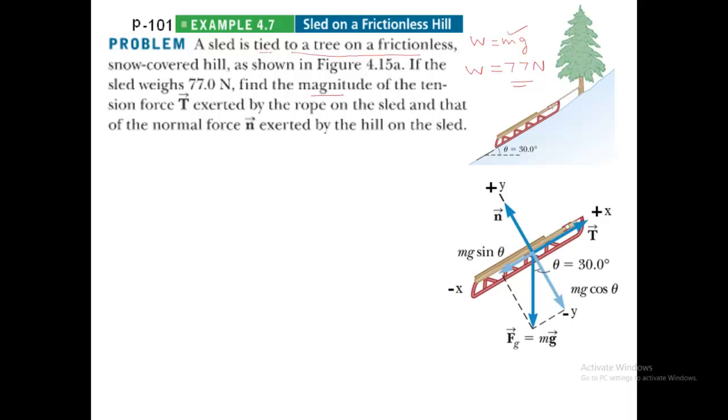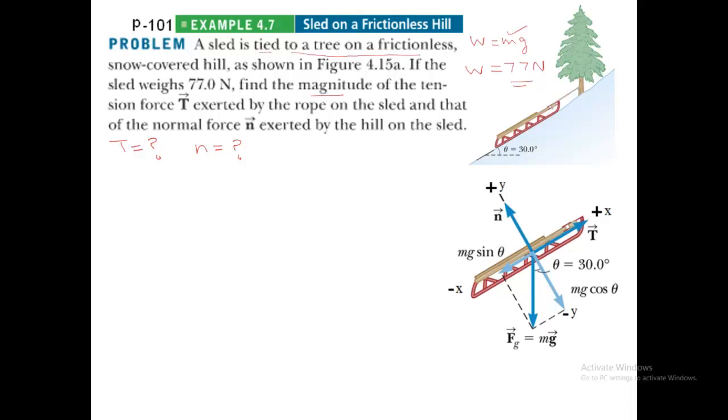So you have to find the tension in the string or the rope and the normal force. You have to find these two forces using what we already did with Newton's first, second and third laws. So how will we do it?